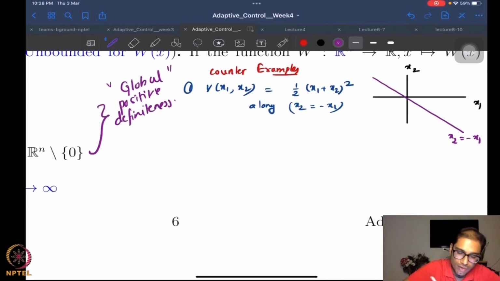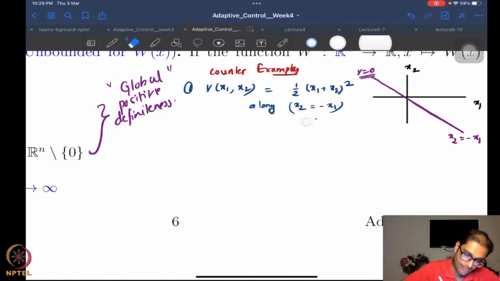Of course, I cannot draw it because I'd have to do it in 3 dimensions. V takes 0 value. So V equal to 0 all along this line. And that is a problem, right?